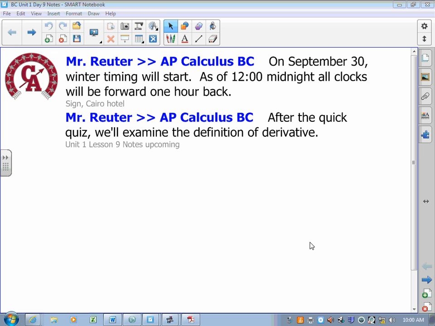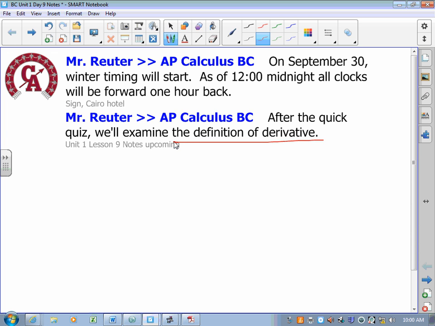All right, on today's show, we've got to deal with the definition of derivative. There's actually 2 ways to define a derivative. And so I would like to give you both.